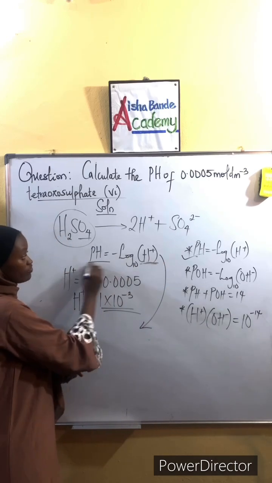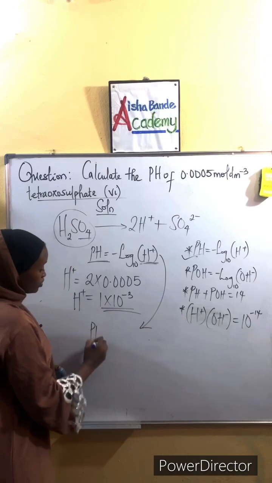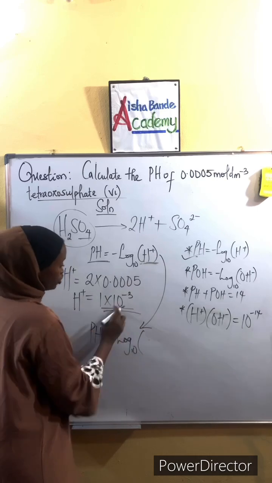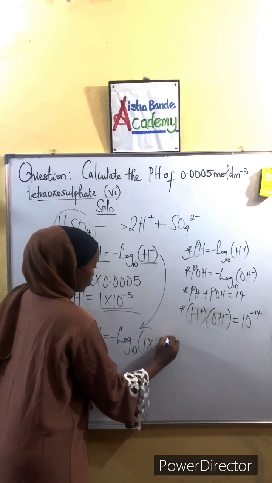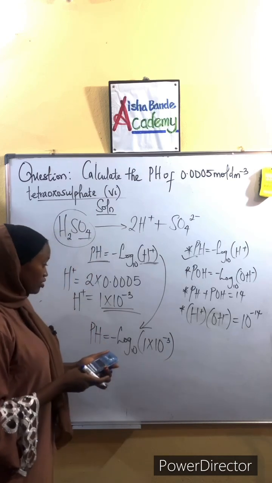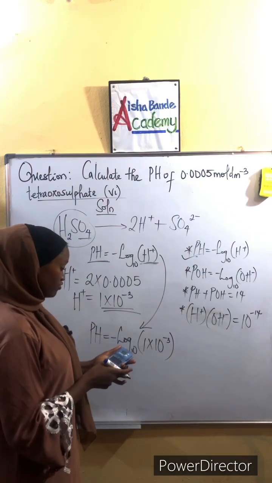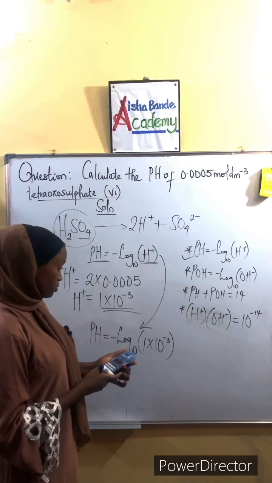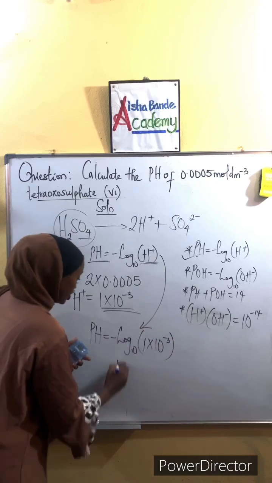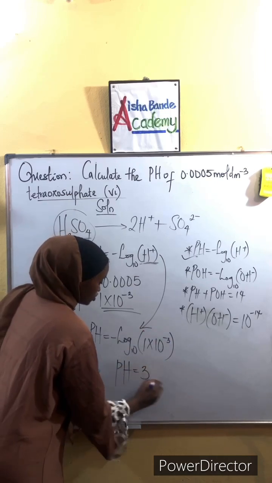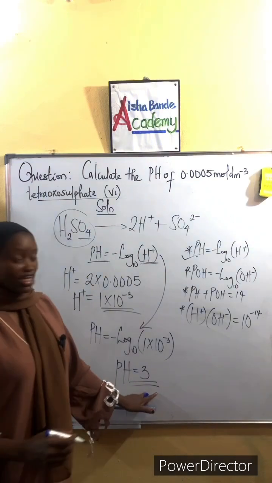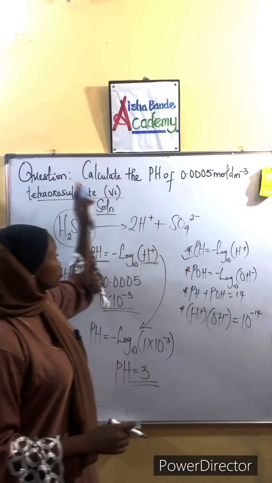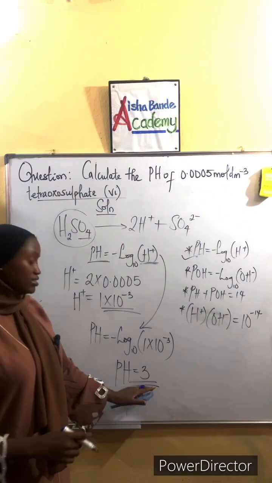The pH is equal to the negative log of the hydrogen ion, which is 1 times 10 to the power of minus 3. Punching our calculator for the negative log of 1 times 10 to the power of minus 3, the pH gives us a value of 3. So the pH is equal to 3 as the final answer. The pH of 0.005 mole per dm cube of H2SO4 is 3.